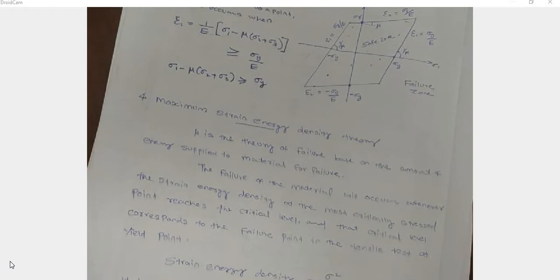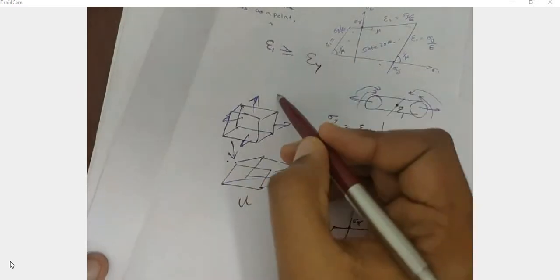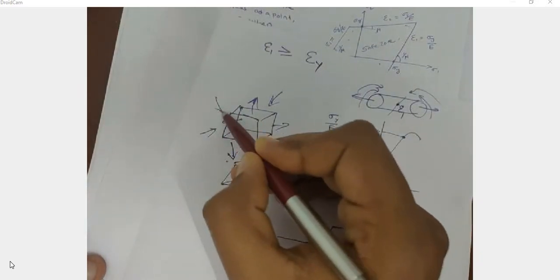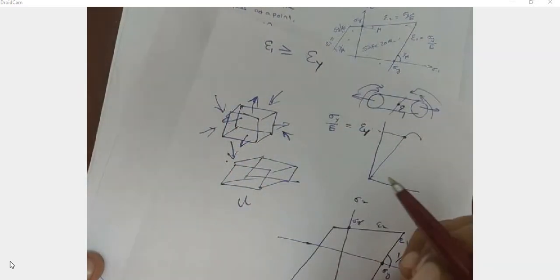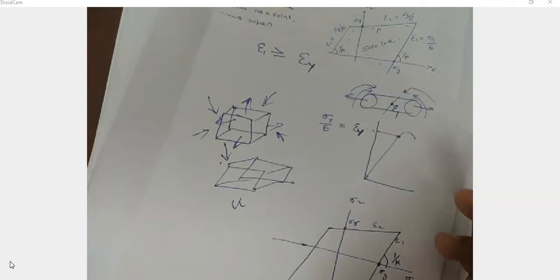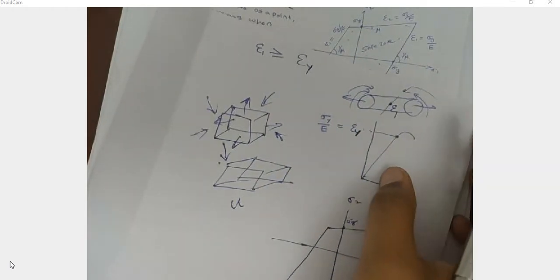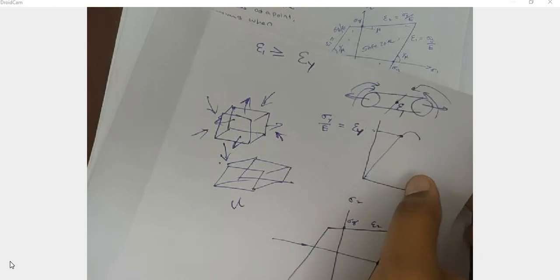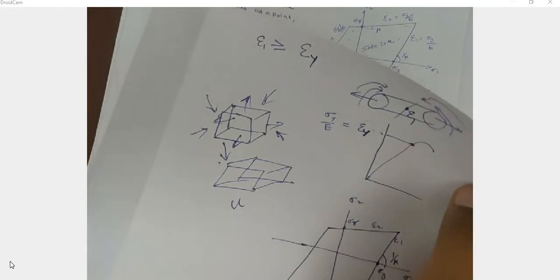According to this theory, the failure is based on the amount of energy supplied to the material for failure. So we have to supply some amount of energy in the form of external force for the failure. How much energy is supplied just before the failure is the amount of strain energy supplied.